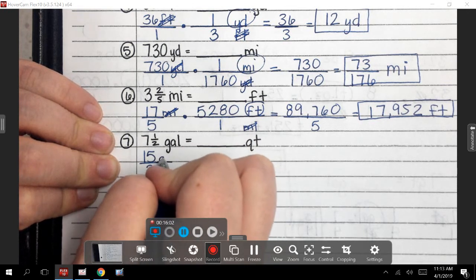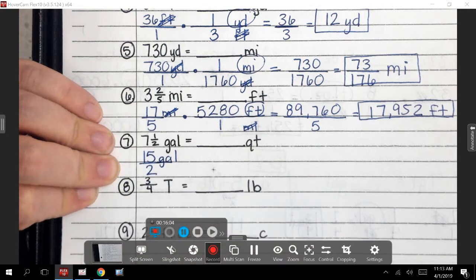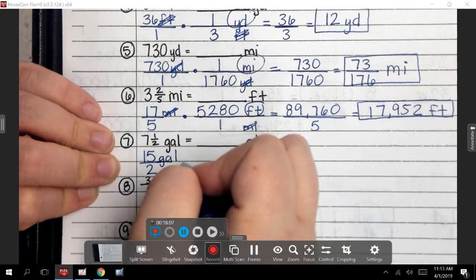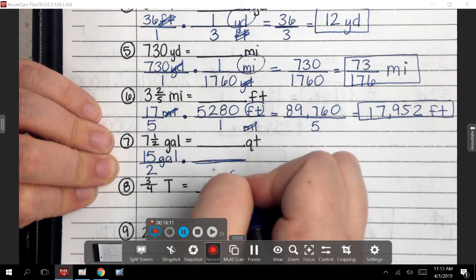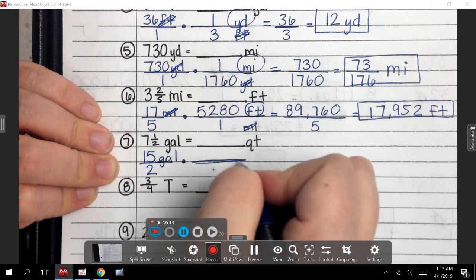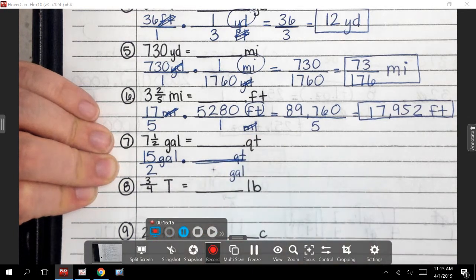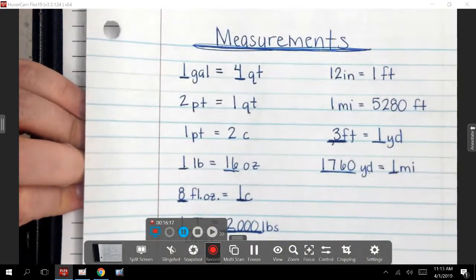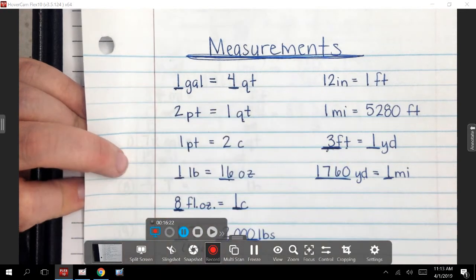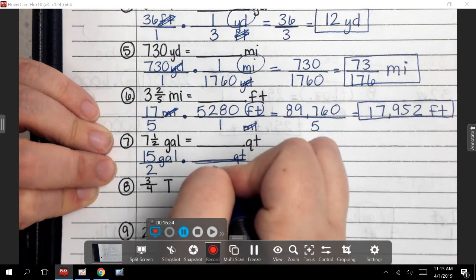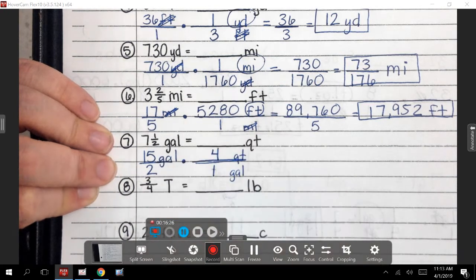Remember my measurement, gallons. I'll just keep writing that on top like I've done all the others. Times. Have gallons on top, I'm going to put gallons on the bottom, and I'm changing it to quarts, that goes on the top. Looking at my sheet over here, it says 1 gallon is 4 quarts, so I'm going to put 1 by gallons, 4 by quarts.